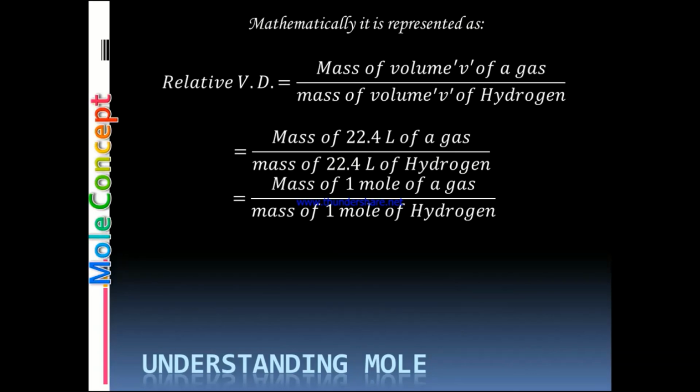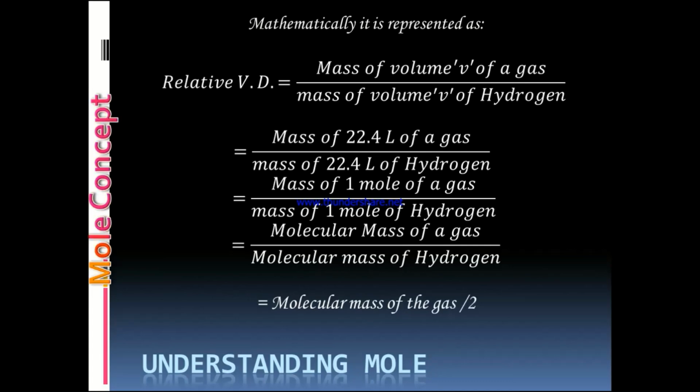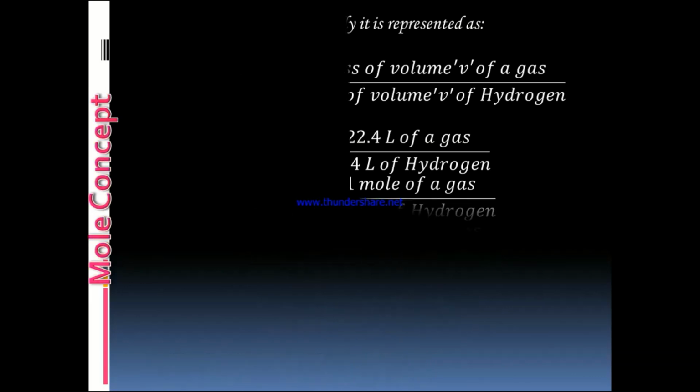Now we can see that mass of 1 mole of the gas is the molecular mass of the gas, and mass of 1 mole of hydrogen means molecular mass of hydrogen, which is equal to 2. So molecular mass of the gas divided by 2. From this we can get a formula for molecular mass of the gas: molecular mass of the gas is equal to 2 into vapor density.